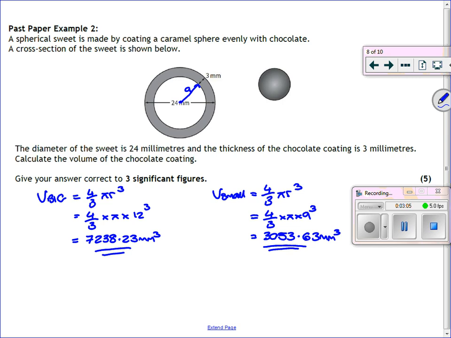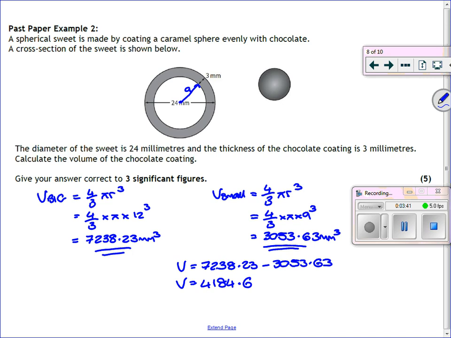So volume is equal to 7,238.23, take away 3,053.63. Just take that into my calculator. And it gives us 4,184.6.